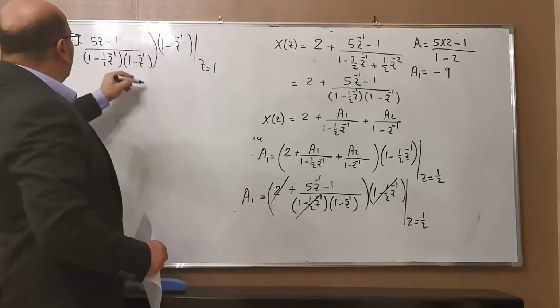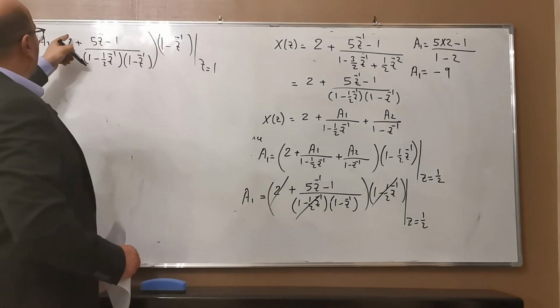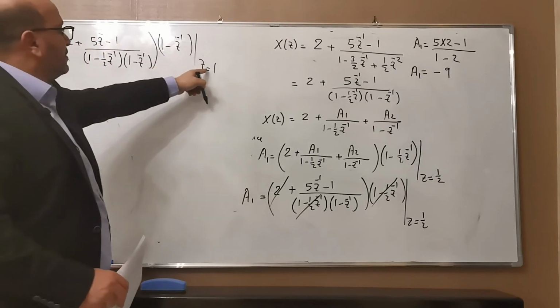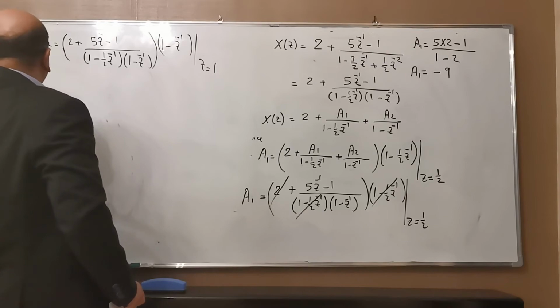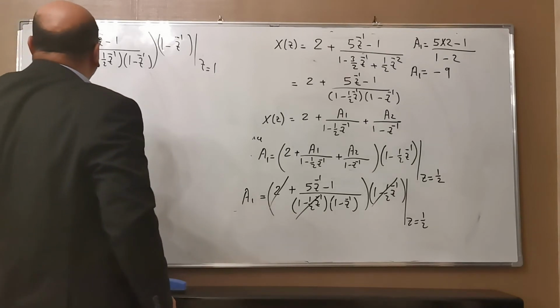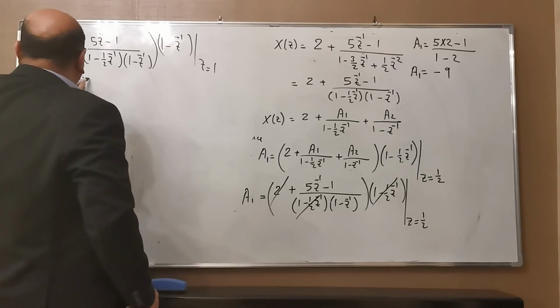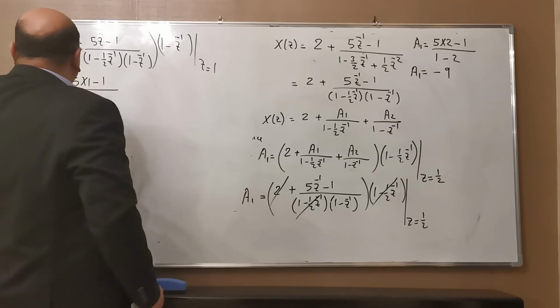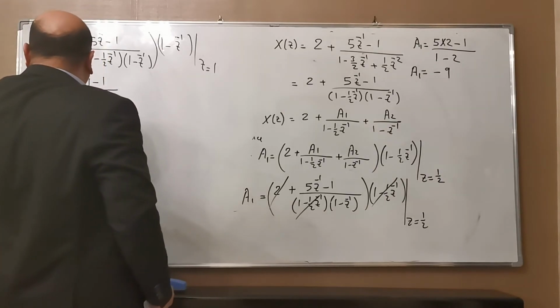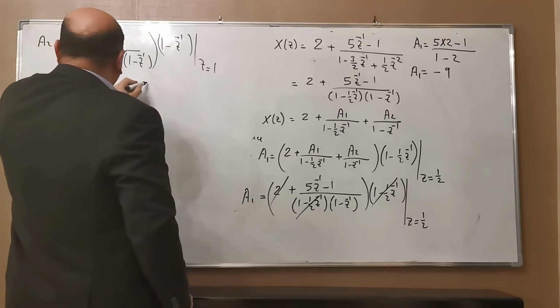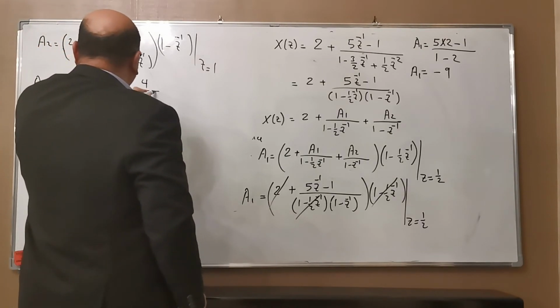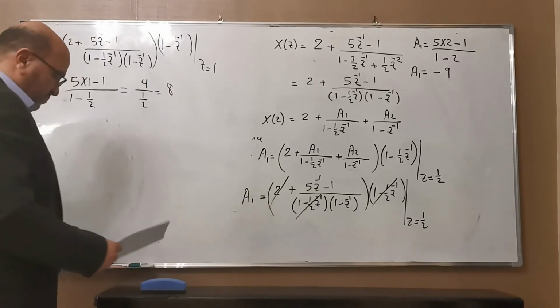So this will cancel with this one, but the other term multiplied by this one and applied at z equals 1 is equal to 0. And A2 now is equal to (5 times 1 minus 1) divided by (1 minus 1/2). So this equals 4 divided by 1/2, so this equals 8.